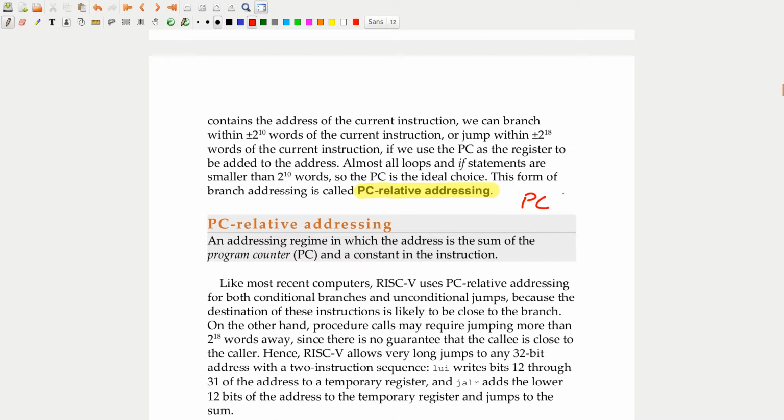So if we want to go to some location of some procedure, we'll go to the program counter plus maybe 24, or the program counter plus 48. So that's what we mean by PC relative addressing. It just means we're addressing relative to the location of the program counter.